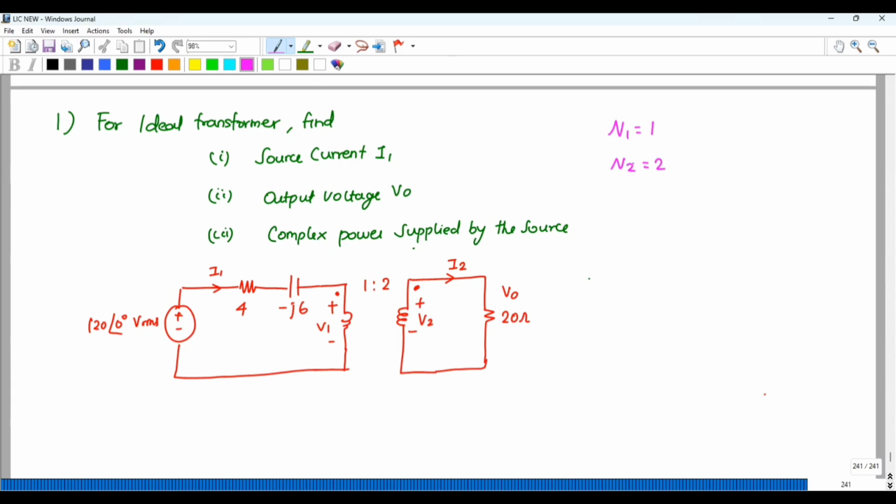Using mesh analysis, I can find the equations. For this loop, I can write 120 is equal to 4 into I1 minus 6j into I1 plus V1.